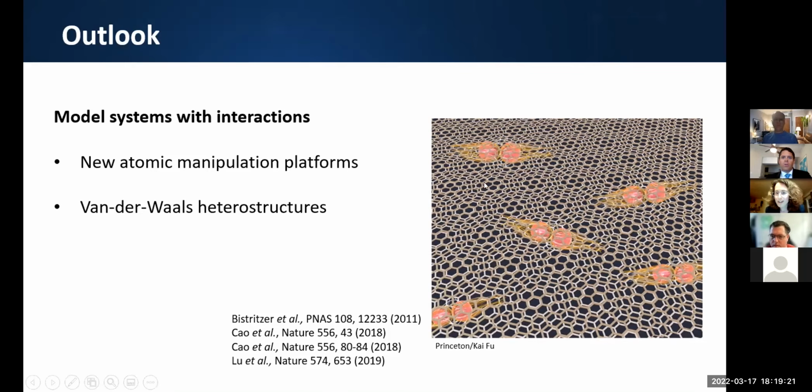For example, here you see 2 layers of graphene on top of each other, also creating a certain potential landscape. Instead of using these atoms, they basically used the moiré pattern of 2 graphene layers to create a potential landscape and thus artificial atoms. And there actually flat bands were found with interactions and with superconductivity. So that is extremely interesting.